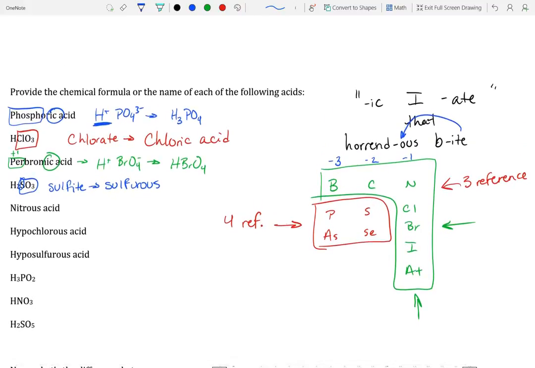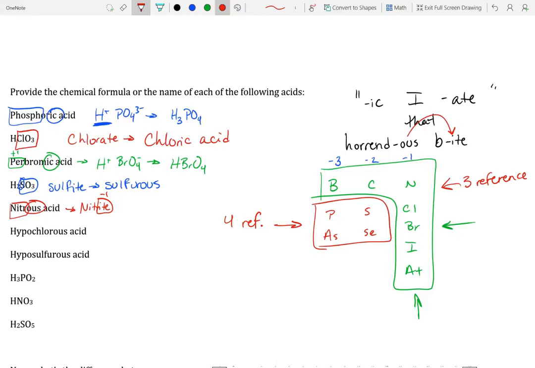But anyways, let's see what color we're using. Red. Okay, so nitrous acid. Let's go ahead and identify nitr. What does ous mean? Ous goes to ite, right? So we know we're working with nitrite. The ite means we removed an oxygen from the reference amount.